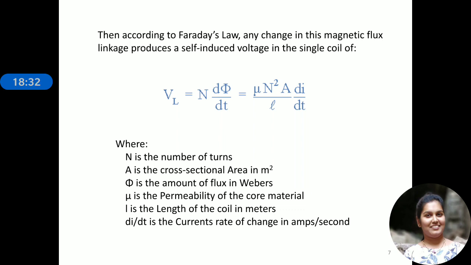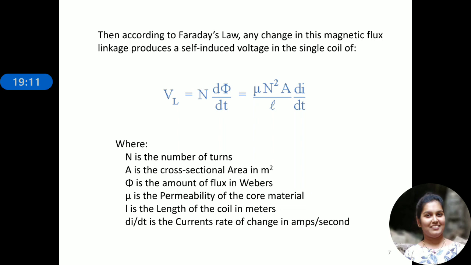The equation relating this self-induced voltage, current and inductance can be found by substituting mu N squared A by L with the letter L indicating the constant of proportionality. So in this expression, mu N squared A by L can be substituted by simple letter L. So that constant L is nothing but the inductance of the coil.